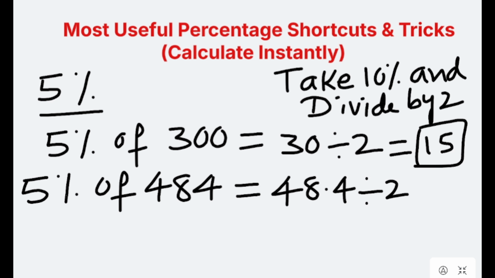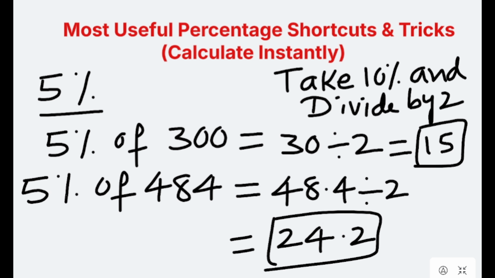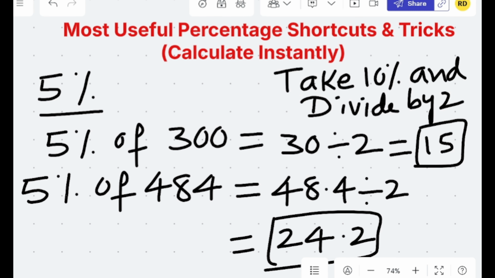You divide this by 2, which would be 24.2. So the answer is 5% of 484 is 24.2. So that's the shortcut or trick for 5%. Alright. Now let's learn the next one.